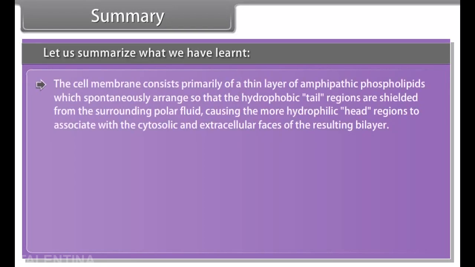The cell membrane consists primarily of thin layer of amphipathic phospholipids which spontaneously arrange so that the hydrophobic tail regions are shielded from the surrounding polar fluid, causing the more hydrophilic head regions to associate with the cytosolic and extracellular phases of the resulting bilayer.